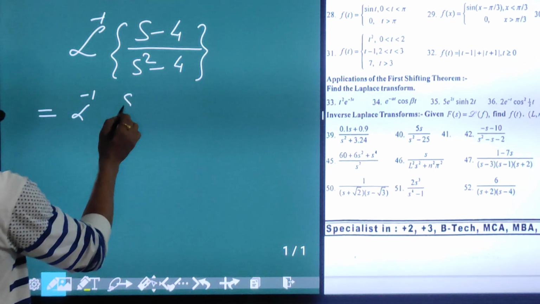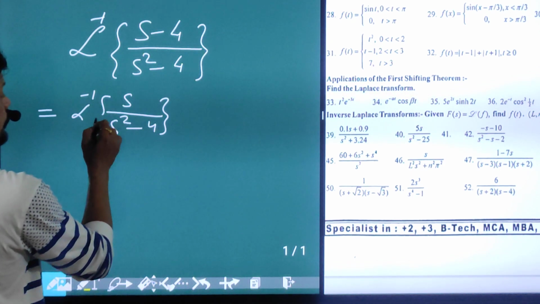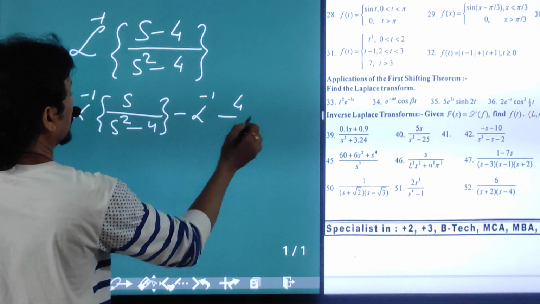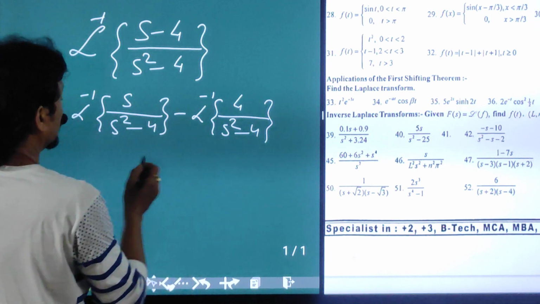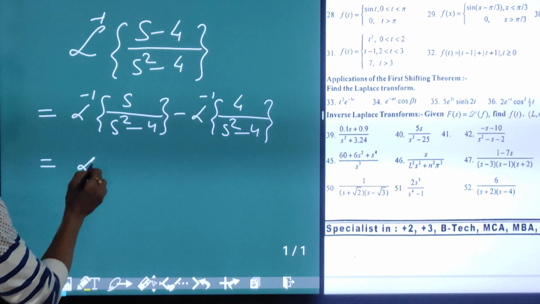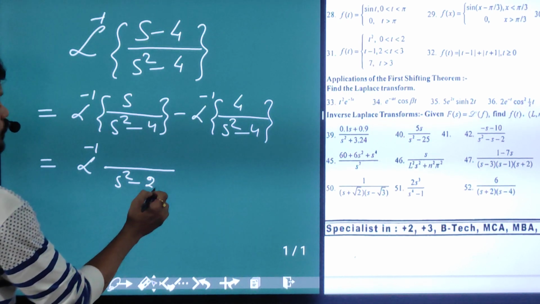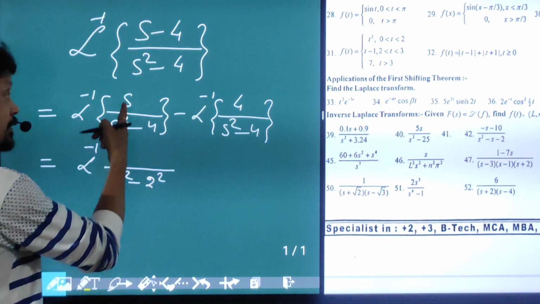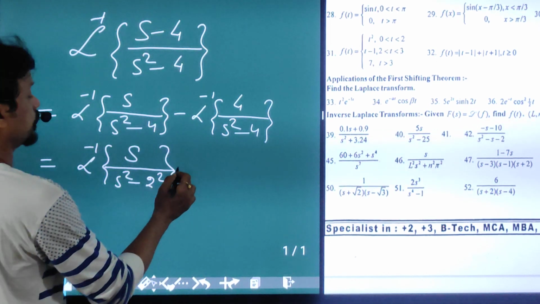Laplace inverse s by s square minus 4, then minus Laplace inverse 4 by s square minus 4. Then you have to move from denominator, s square minus 2 square. So in the numerator see whether s is there or not. s is there, so this part is already in the form.